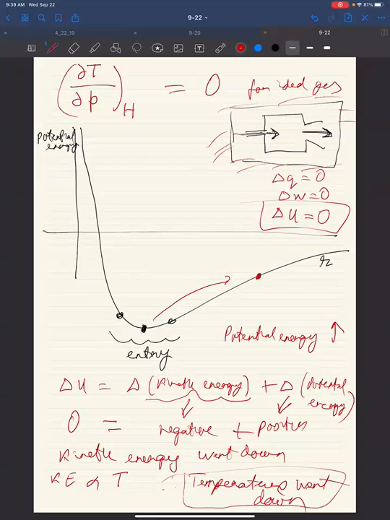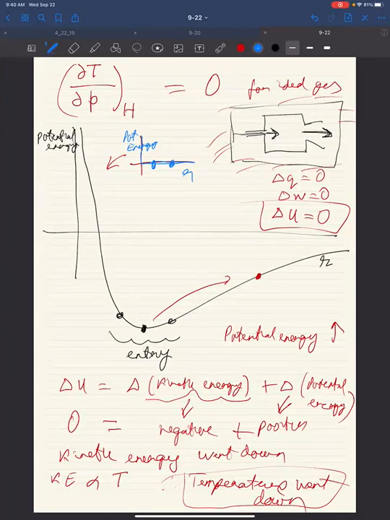And this wouldn't have happened for an ideal gas. For an ideal gas, this curve over here would have looked something like this, potential energy versus R for an ideal gas. If you are here, if you separate it out to a further distance, potential energy still stays at zero.